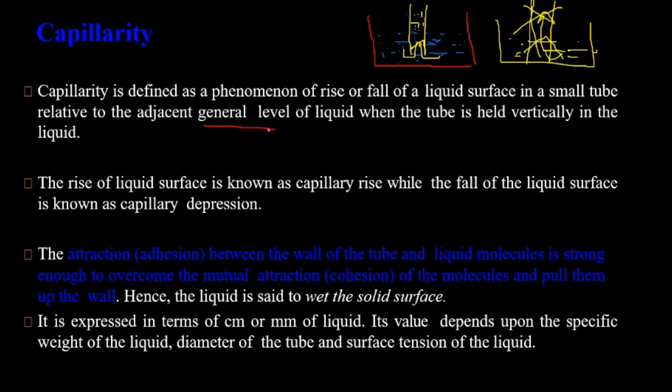It may go above that level, or it may go below that level. If there is a rise in the liquid surface, it is known as capillary rise. If there is a fall in the liquid surface, it is called capillary depression.